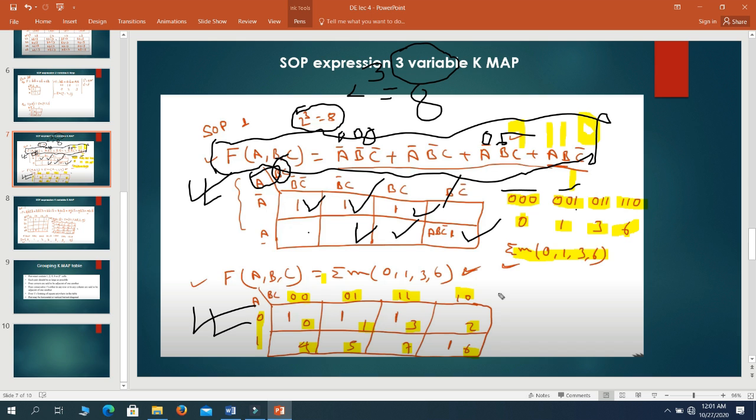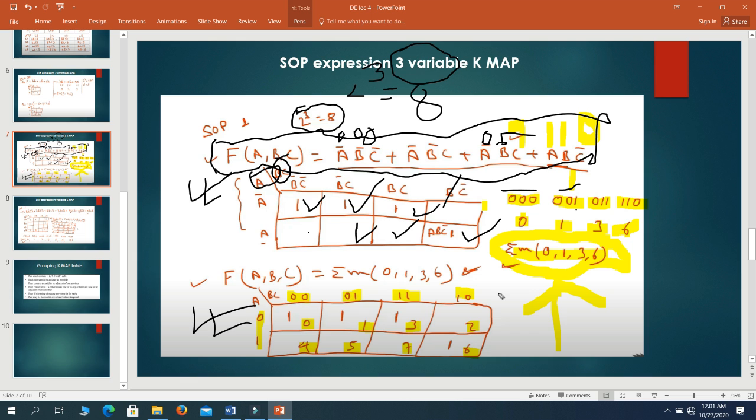Now it's time for us to fill up these cells with specific values. As we have figured out the min terms representation is this one, so at cell number 0 we will have some value, at cell number 1 some value, at cell number 3 some value, at cell number 6 some value. What value?